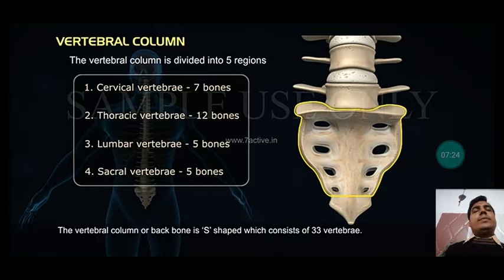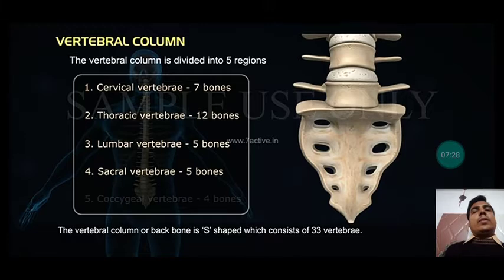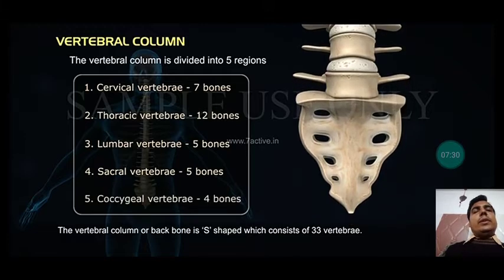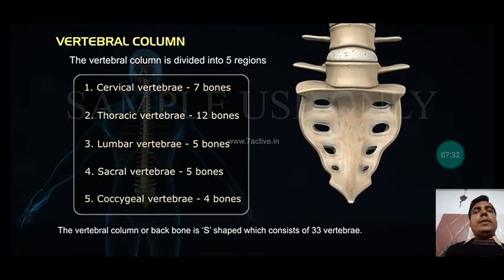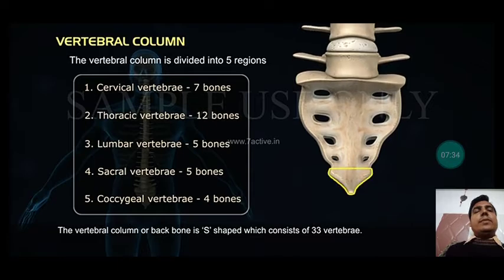And the last one, students, fifth, is the coccygeal vertebrae, formed from 4 bones: coccyx 1, coccyx 2, coccyx 3 and coccyx 4.